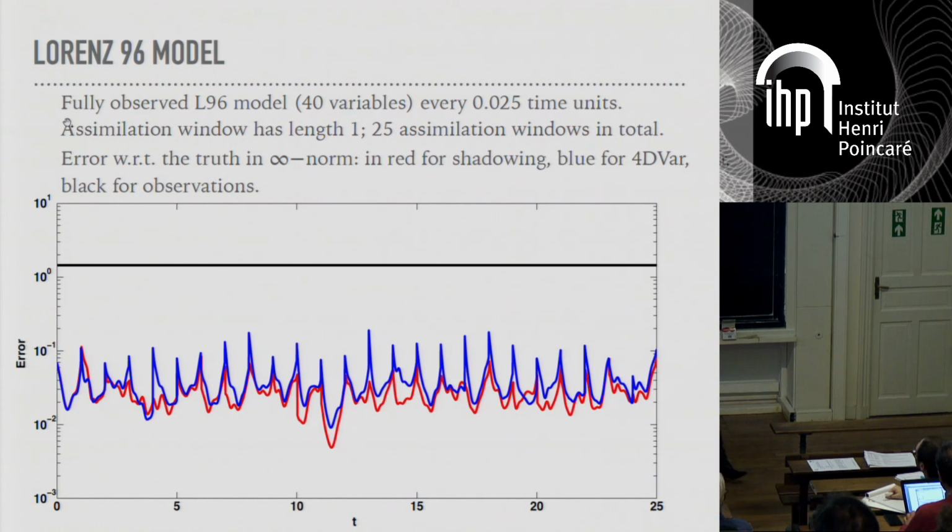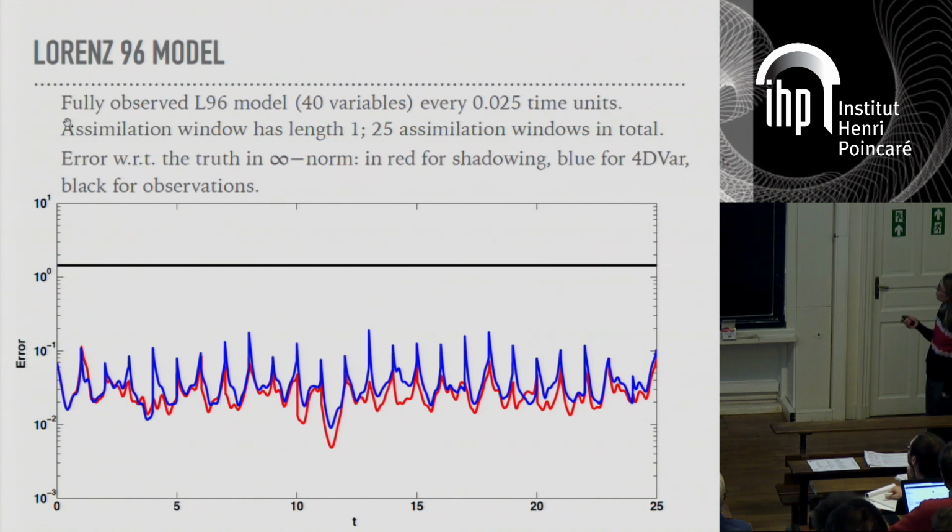Okay, so we looked at the Lorenz 96 model, and we observed the whole system, with 40 variables. The observation is everything, with an assimilation time of 0.25 and an assimilation window of length 1, and we have 25 such windows. Here I display the error with respect to the truth in the infinity norm.